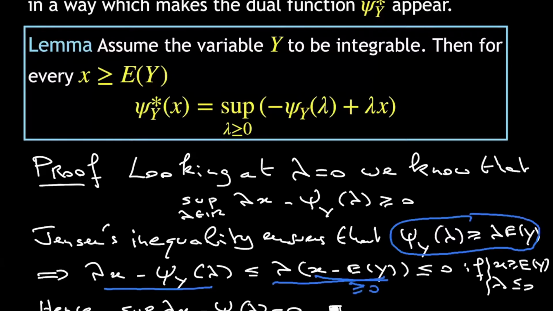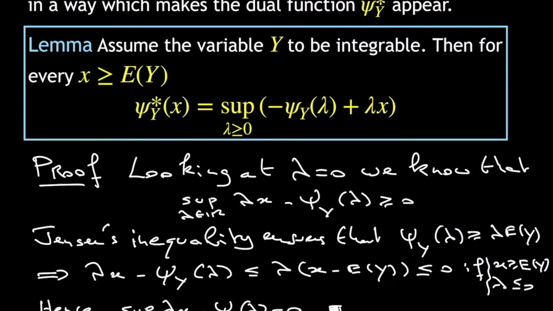And if lambda itself is negative, this means that this quantity is negative. And so the sup is achieved, excuse me, for non-negative values. It cannot be achieved on the negative part. So this is the proof.